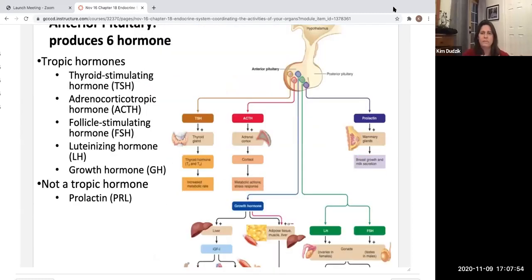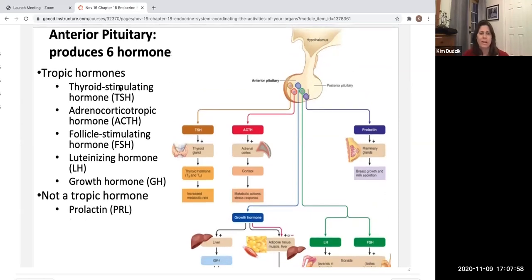Because the anterior pituitary gland can actually make 6 hormones. Okay, 5 of them are what we call tropic hormones. I think I mentioned in part 1 of this lecture that tropic means nourishing. So these hormones will nourish and stimulate another endocrine gland to release its hormone. Okay.